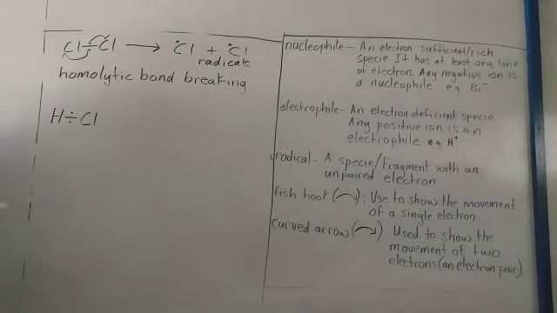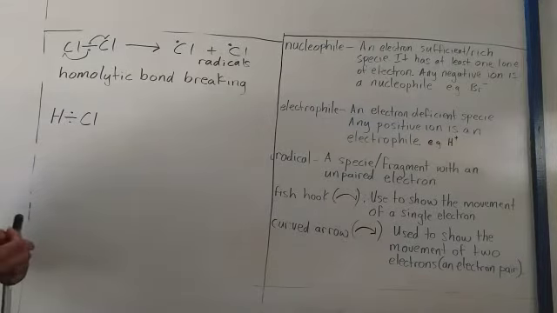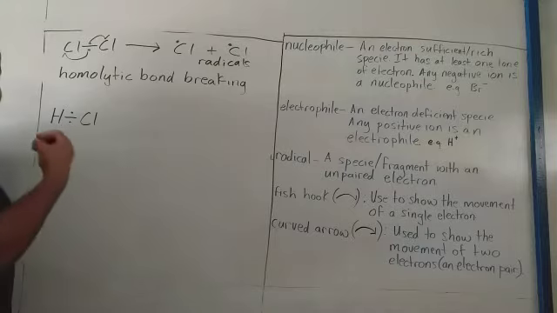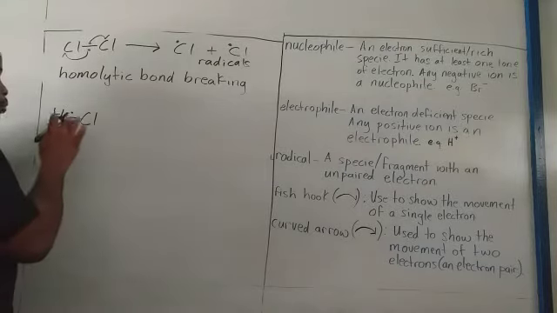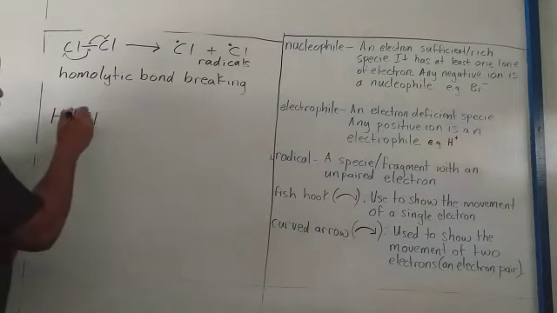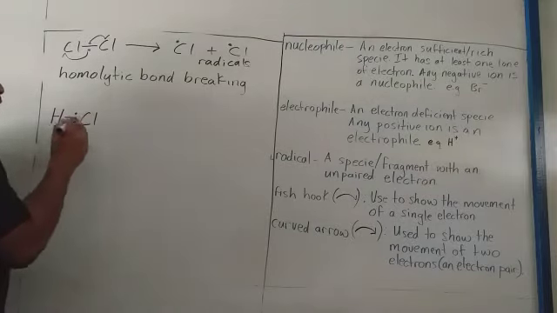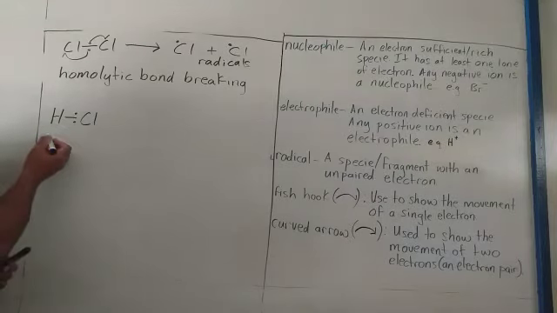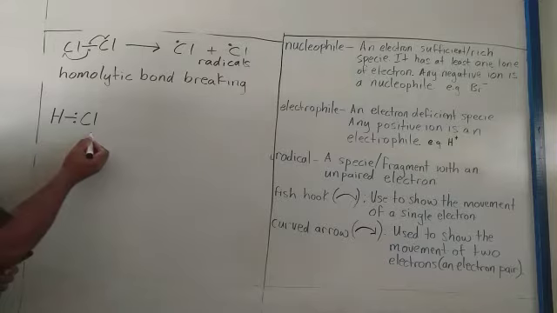But because chlorine is more electronegative, its pull on the electrons is much greater than hydrogen's. It is going to pull the electrons closer towards itself.